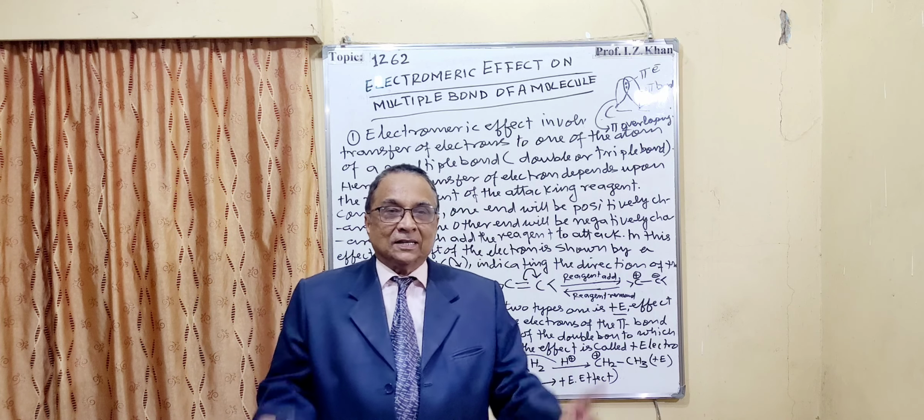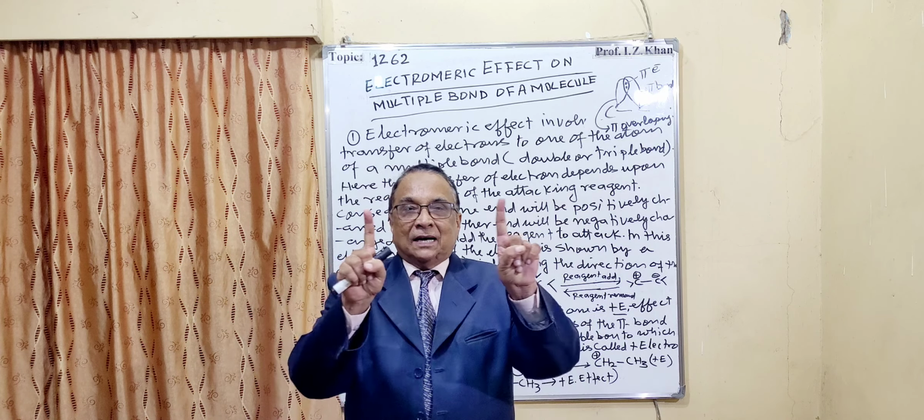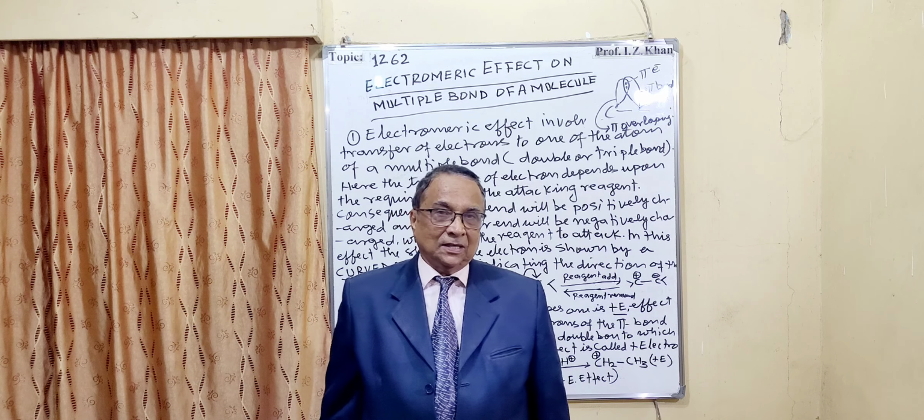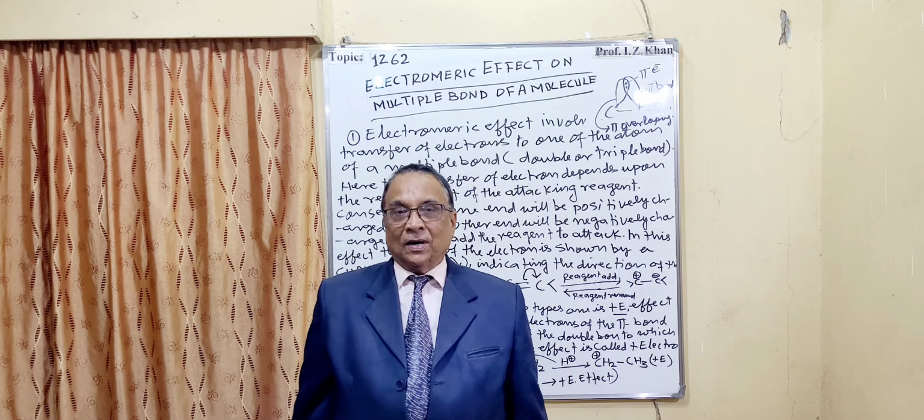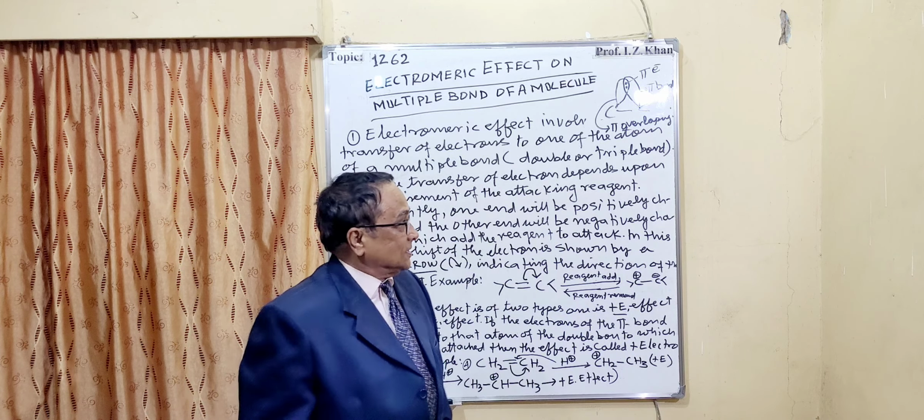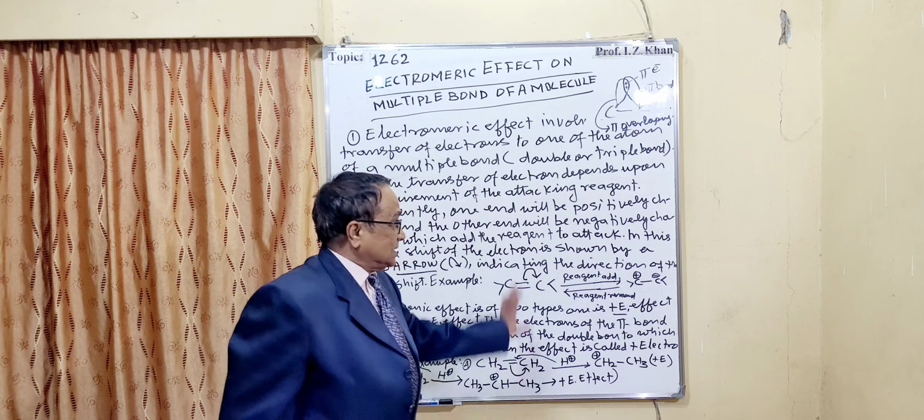While where the two orbitals overlap in parallel fashion, the electrons are loosely arranged. It is not a strong bond, so it can be shifted very easily. So this is the concept of pi electron, pi overlapping, and pi bond.